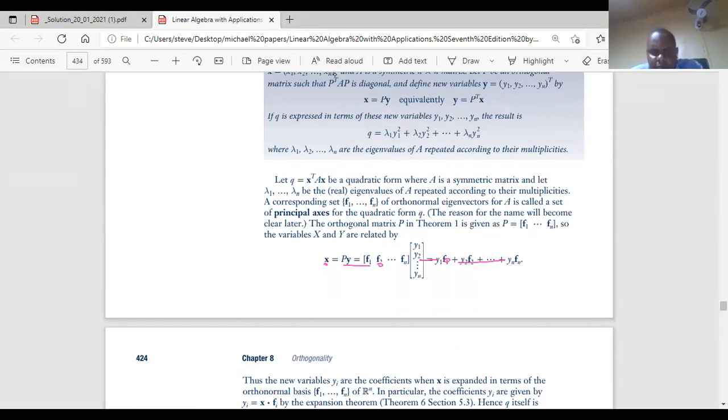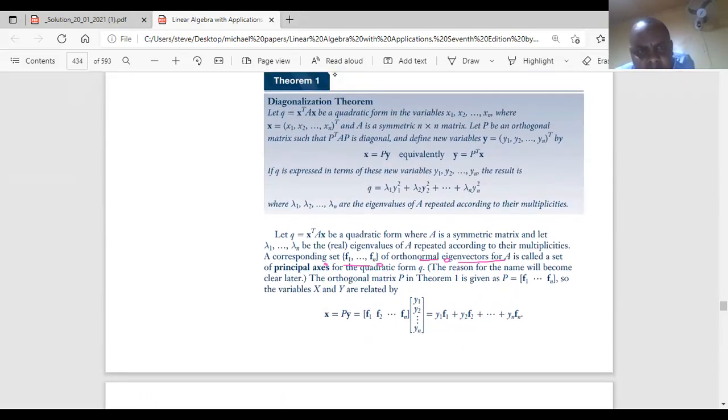So there is a diagonalization theorem, but this one we already did. So let Q(x) = xᵀAx be a quadratic form in those variables where x is that and A is a symmetric n by n matrix. Let P be an orthogonal matrix such that PᵀAP is diagonal, and define new variables y by x = Py.